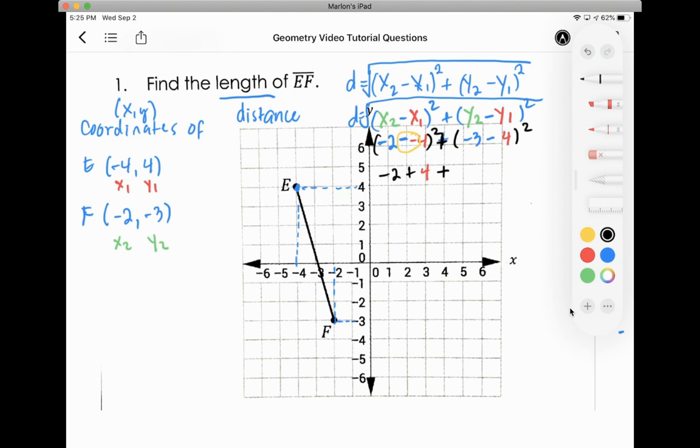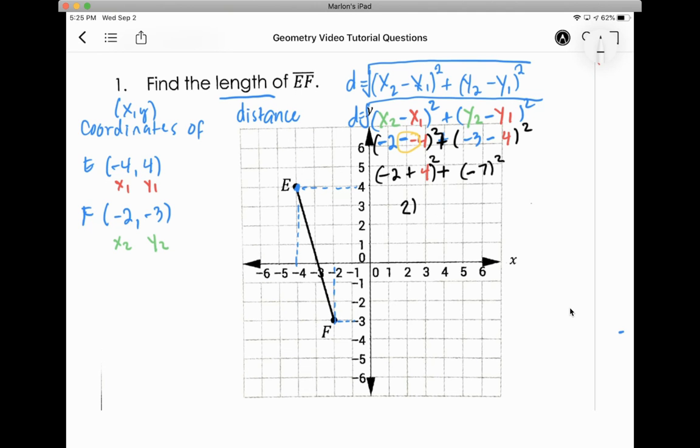So this will give you -7. So don't forget to square. Okay, -2 plus 4 is of course +2 squared, plus -7 squared is +49.